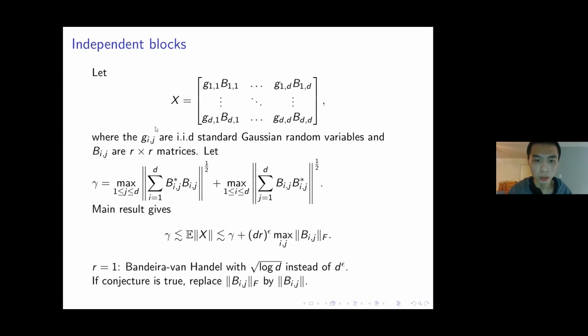So all the g_ij are iid standard Gaussian, multiplied by a deterministic block. For that one, the main result would give such an estimate, but then we have the maximum over all the Frobenius norms of each block matrix. If it's not a block matrix, just a scalar in each of them, that's already known. That's the case when they're independent entries.